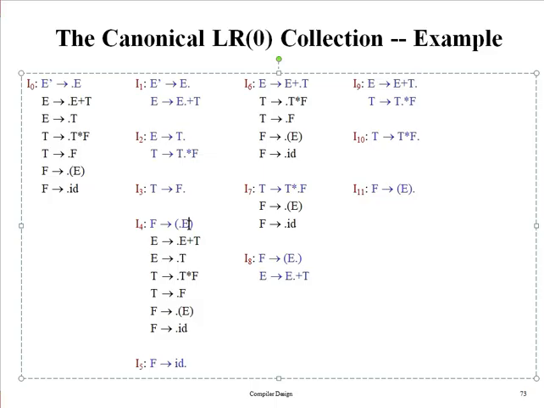operator to after E. So after E we have dot. Since the grammar symbol after dot is not a terminal symbol, there is no need to add another production rule from the original grammar.